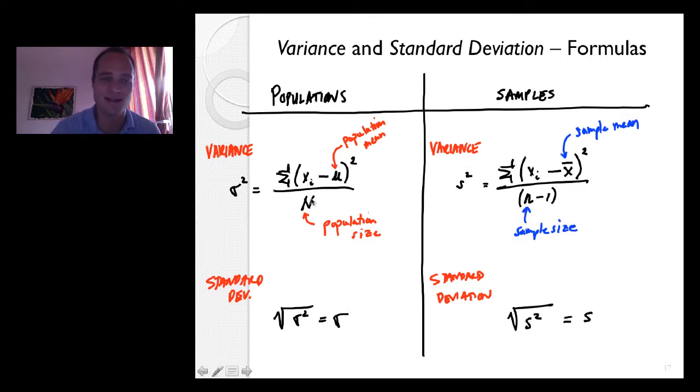Notice the difference between little n and big N is just capital and lowercase. The numerator looks the same, except for substituting X bar for the Greek letter, but it's the denominator that's different. The denominator is n in the population, but it's n minus 1 in the sample. The reason we do this is that we lose what's called a degree of freedom. The denominator is actually called the degrees of freedom for this problem. And why we lose a degree of freedom is that we had n in our sample.